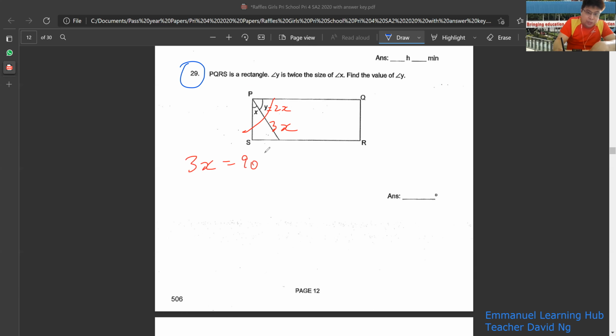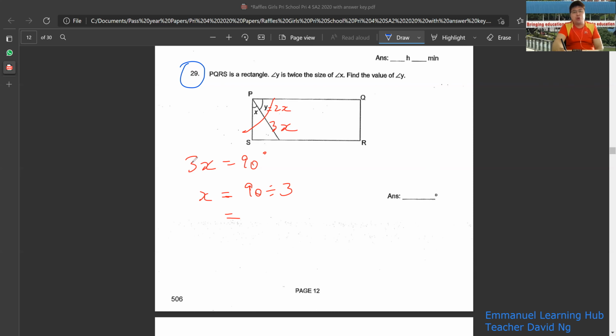3x equals 90 degrees. x equals how many? Do you understand why 90 divided by 3 is x? Yes.